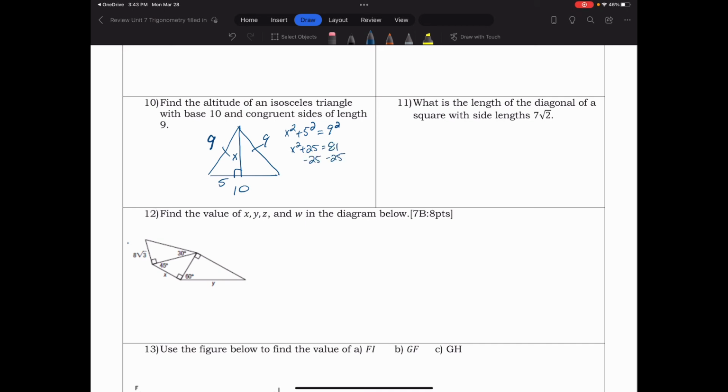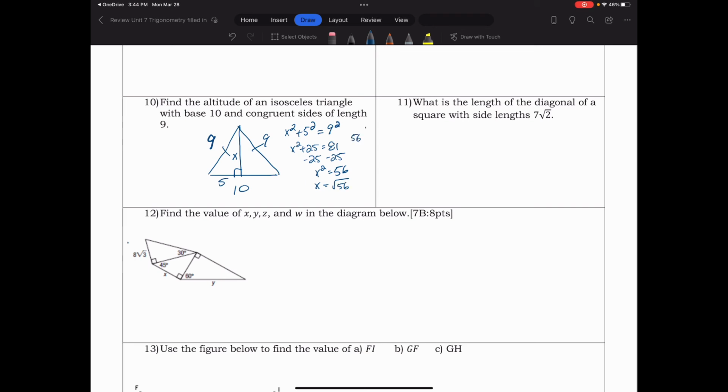I subtract 25. X squared is equal to 56. So x is equal to radical 56.